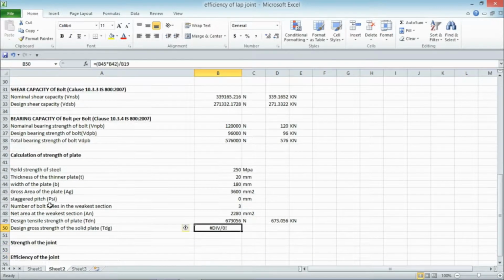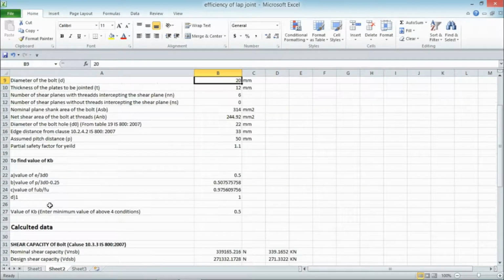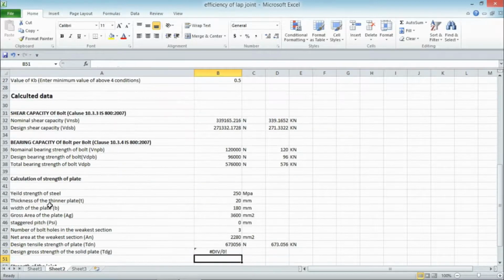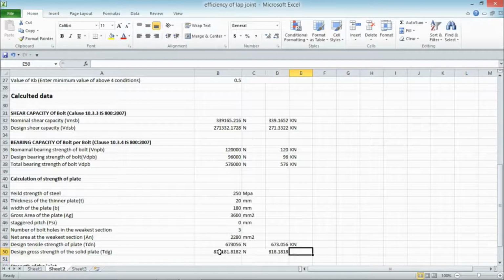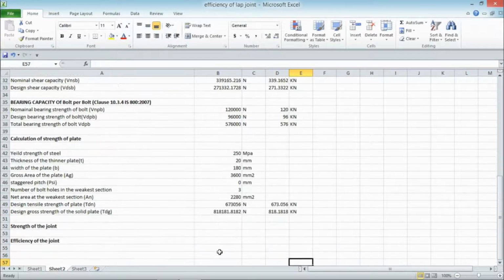So I'll change the formula here. After changing, I got the value as 818.18 kilonewtons as my gross design strength of the plate.